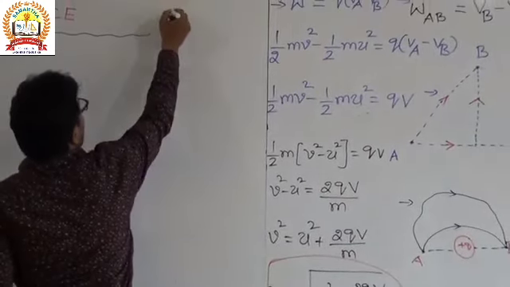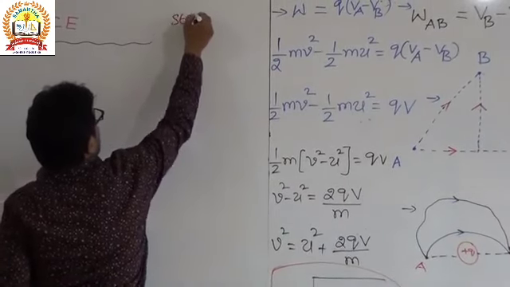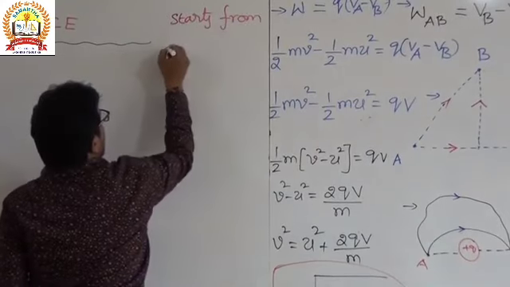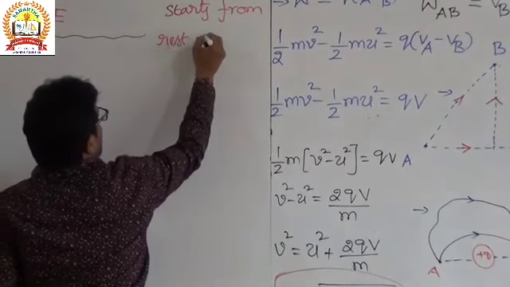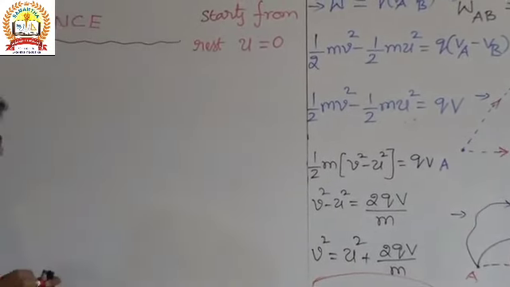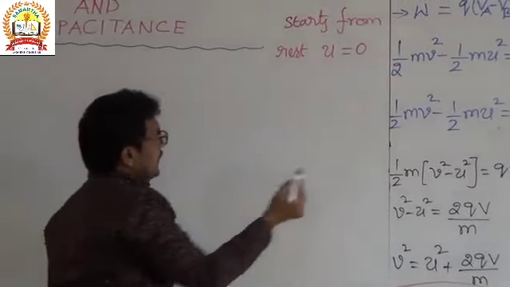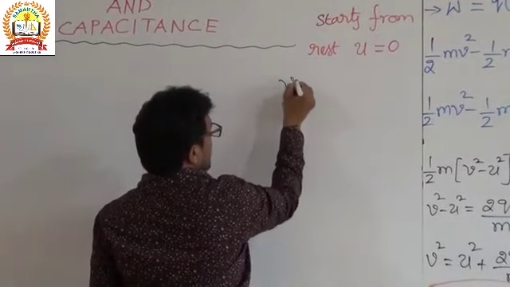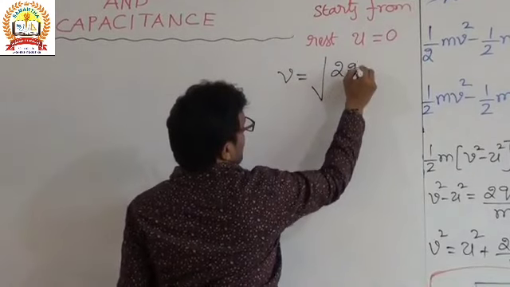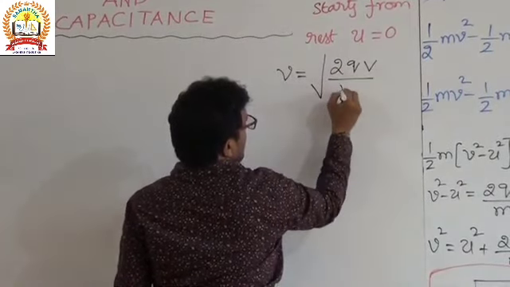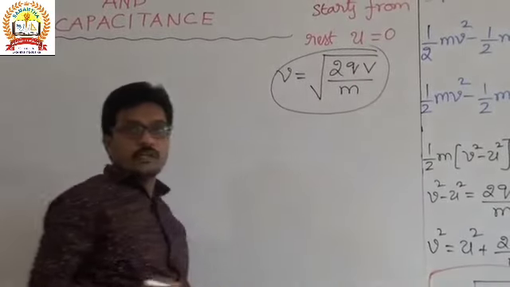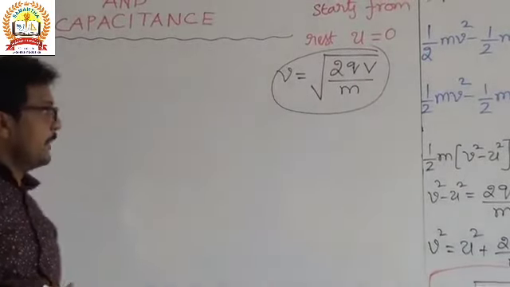So when the initial velocity is 0, if you simplify that formula, then v is equal to root over 2qV divided by m, and this will be the velocity when it starts from rest.